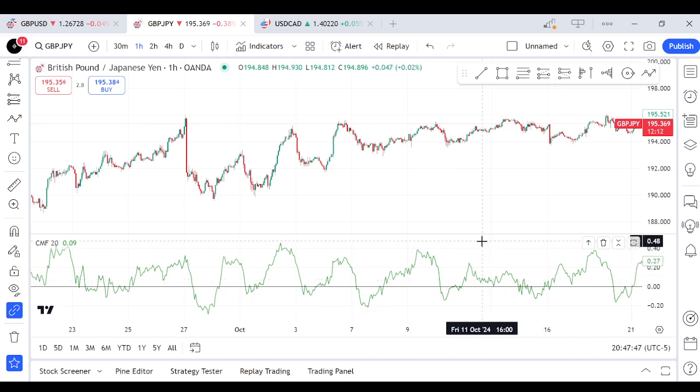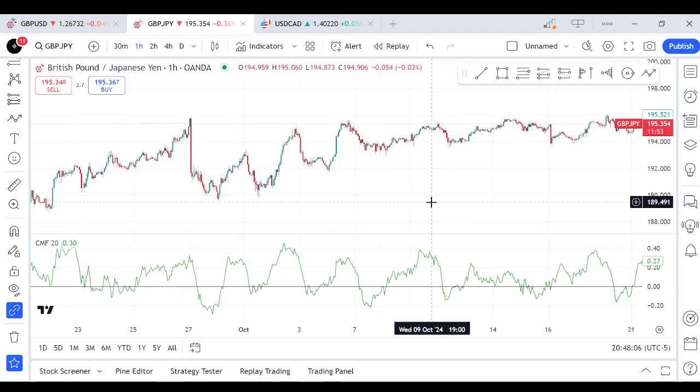So a positive CMF value suggests that buying pressure is dominant, while a negative value indicates that the selling pressure is stronger, and this makes it easier to gauge whether there is more demand or supply in the market at any given time.